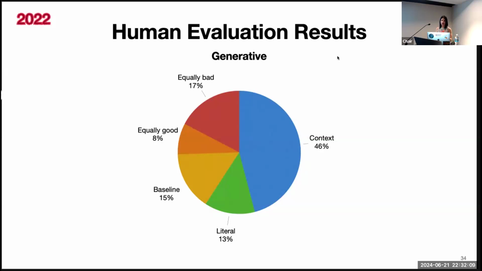We asked the annotators to judge the endings from these three models for the same narrative. The context model was actually preferred most of the time, which was really nice to see because it was in line with the experiments with people that showed that the context strategy was substantially more common and more successful than the second best strategy, which was the literal strategy.